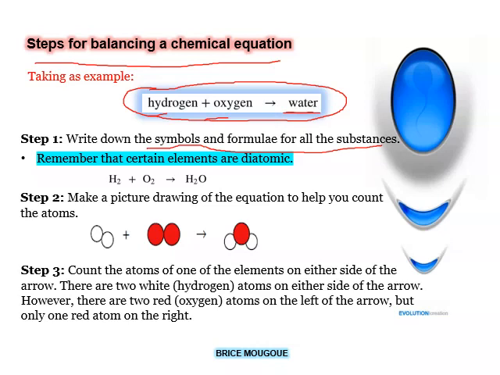So that's what we are doing here. But while we're writing them down, especially for the reactants, remember that certain elements are diatomic. So we'll write hydrogen with the subscript 2 and oxygen as well with the subscript 2 because they are diatomic molecules.